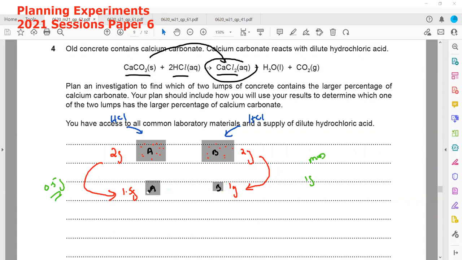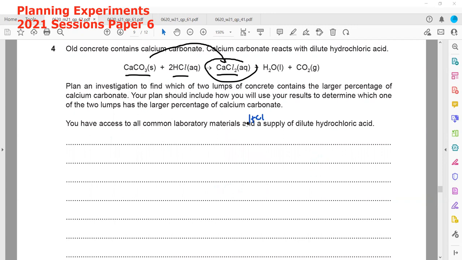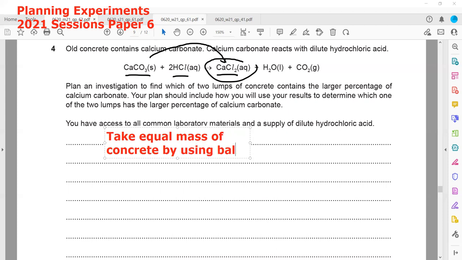We will take equal masses of the two samples of concrete by using a balance.